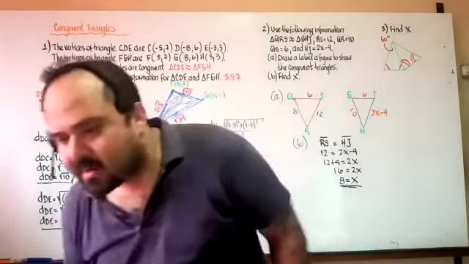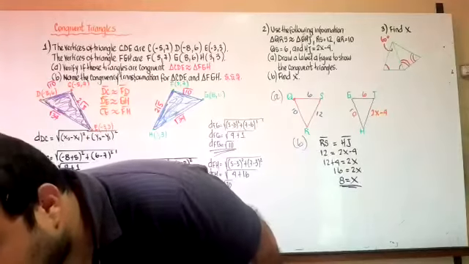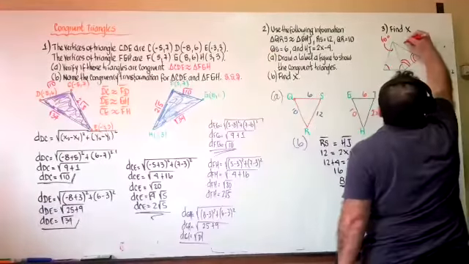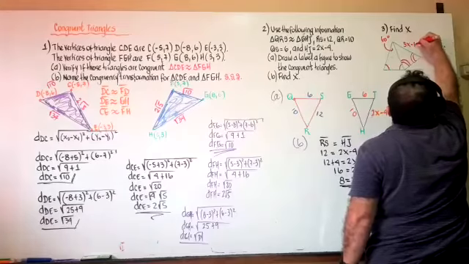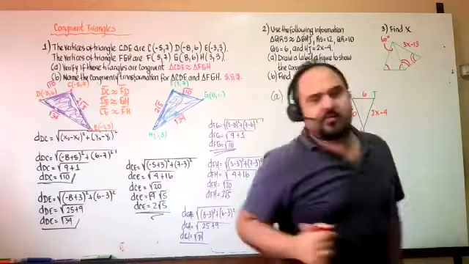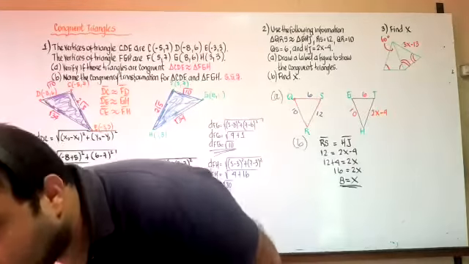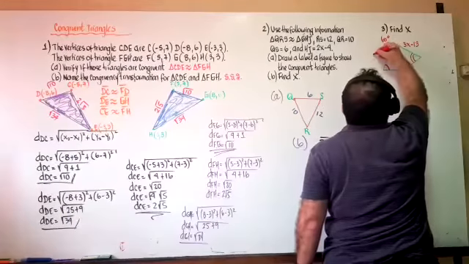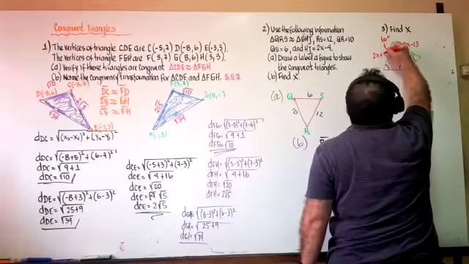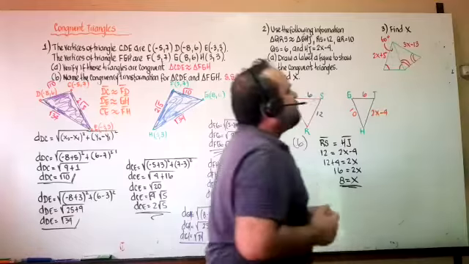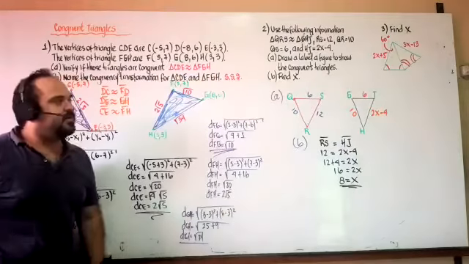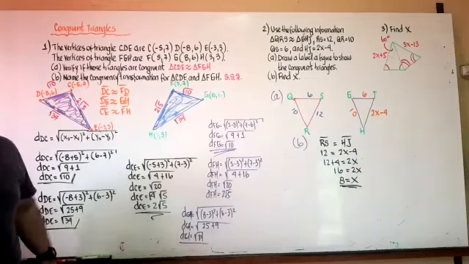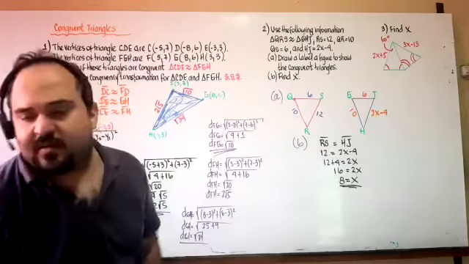And it says 3x minus 13, minus 13 over here. And another one is 2x plus 5. Okay, can you see that triangle? Can you see that one? The problem number 3? Yes, Mr.